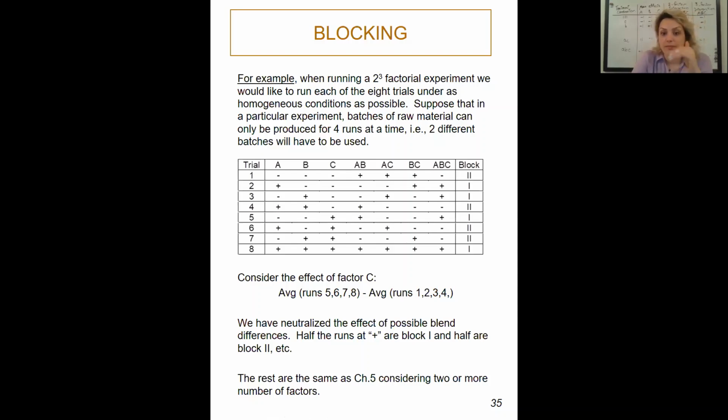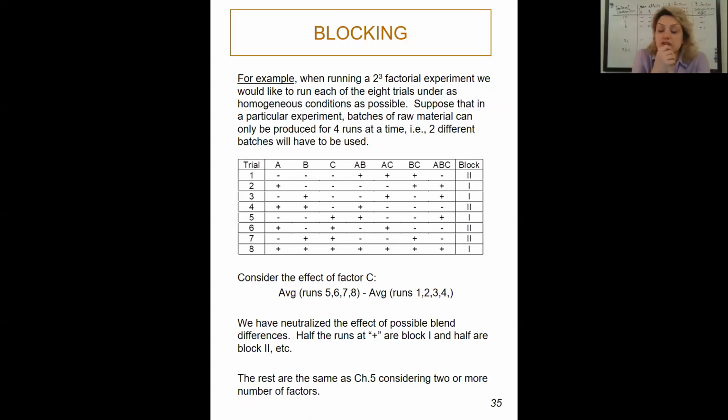Half the runs at positive are in block number 1, and the other half at negative are in block number 2. The rest is the same as we had in chapter 5 when considering 2 or more factors. It's the same blocking that we had before. The only thing is that here we have more factors: instead of a single factor, we have 2 or more.